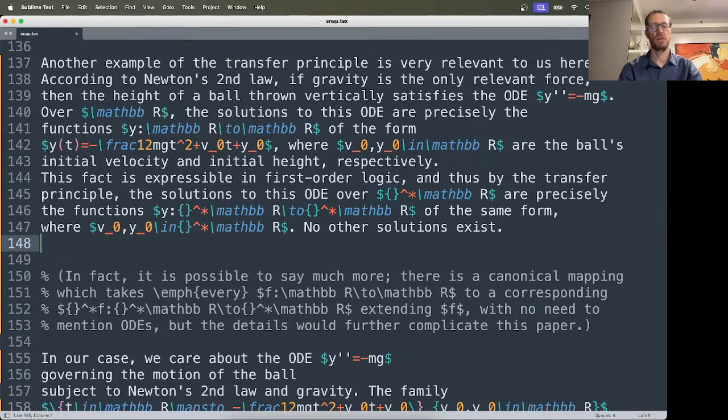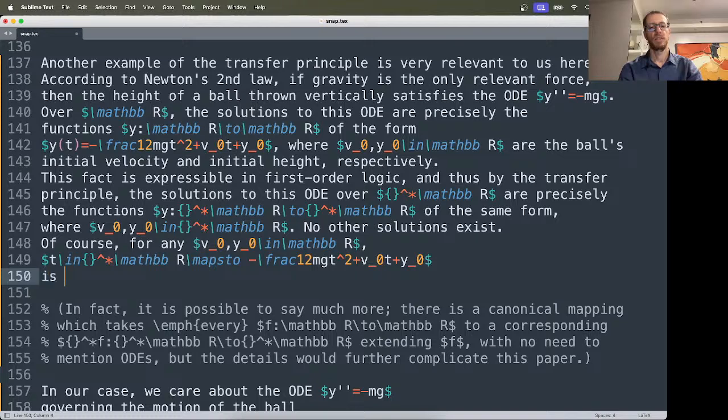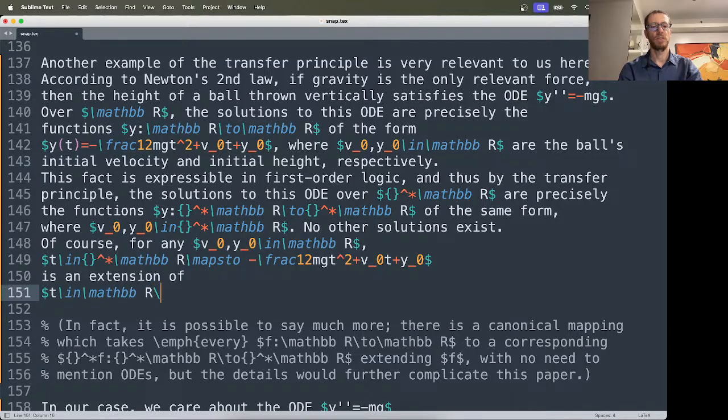But we should note that, of course, for any v0, y0 in the reals, t in hyperreals maps to -1/2 mgt^2 + v0 t + y0 is an extension of t in the reals maps to -1/2 mgt^2 + v0 t + y0.